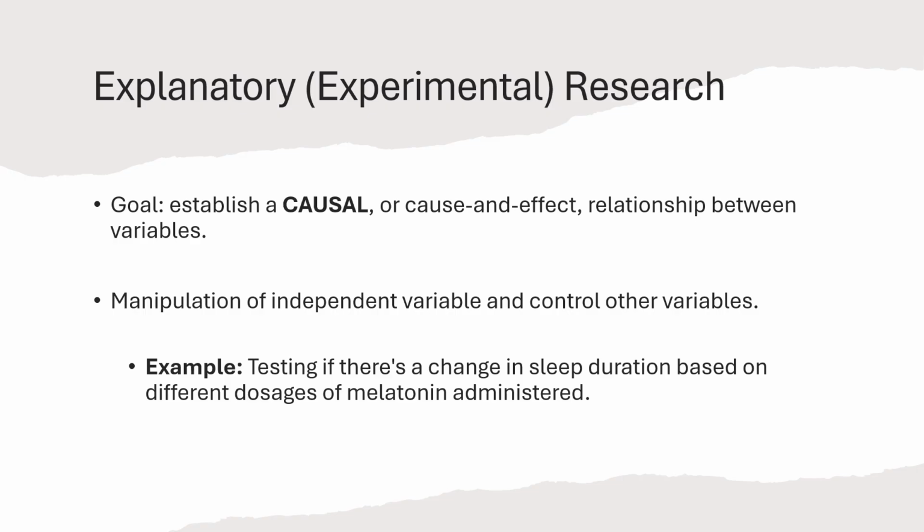This requires the researcher to manipulate one variable, which we call it as independent variable, and control other variables. Example, testing if there is a change in sleep duration based on different dosages of melatonin administered.